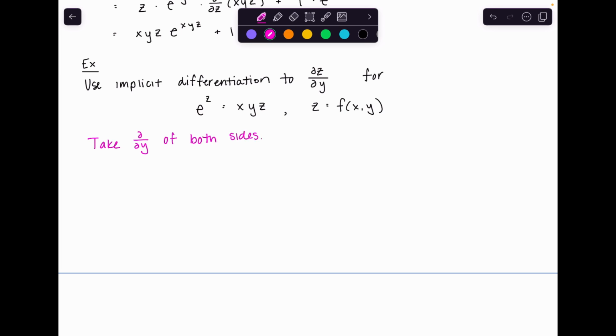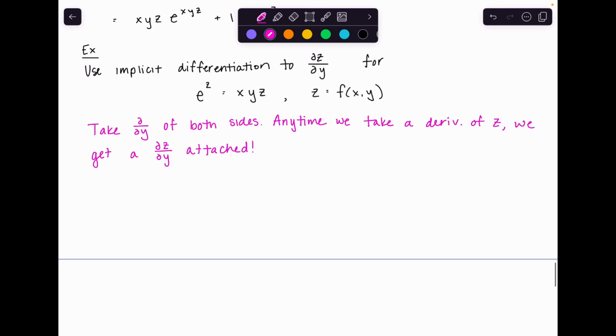And then anytime we take a derivative of z, we get a partial of z with respect to y attached. Because when we go through chain rule, we're going to see a different way to do this, but this is the process just following the same thing from Calc 1.